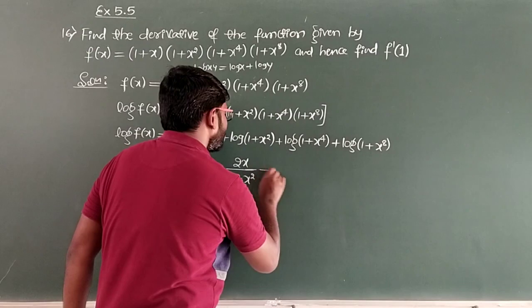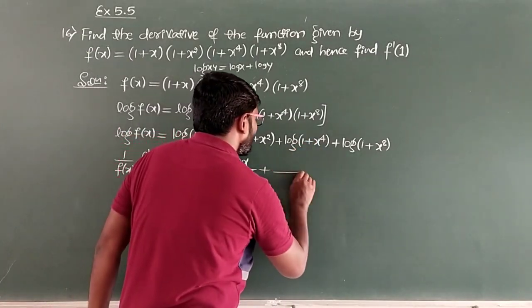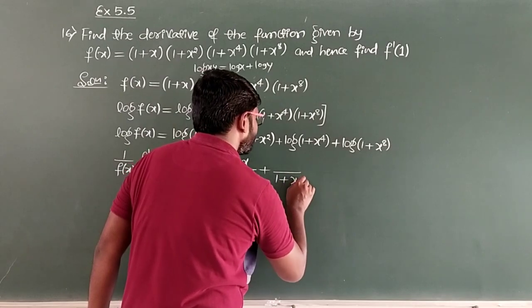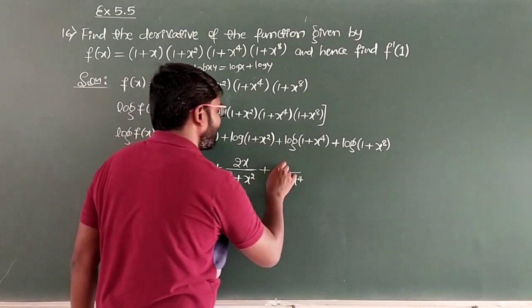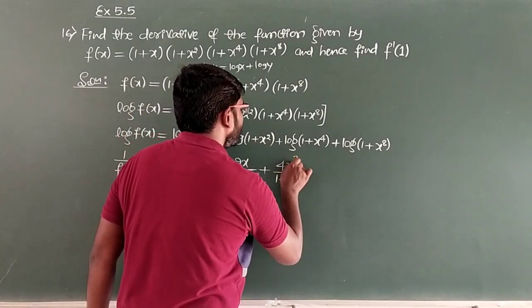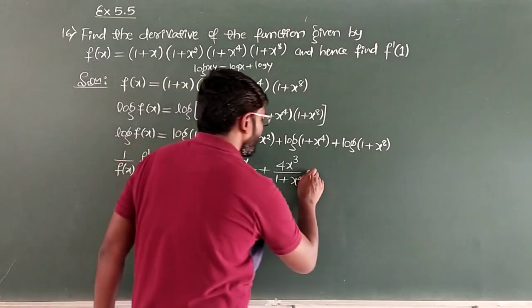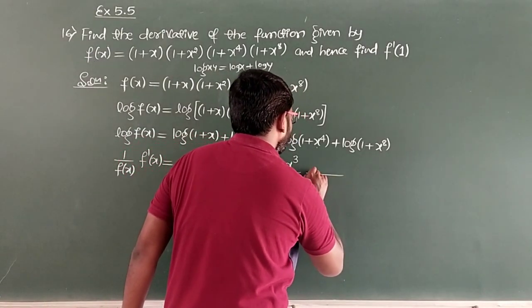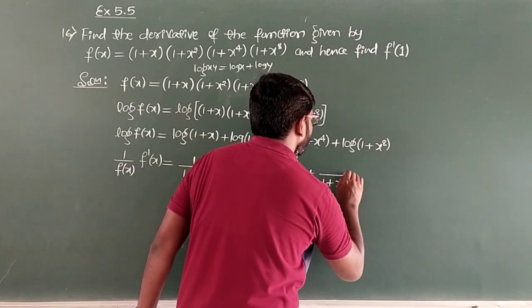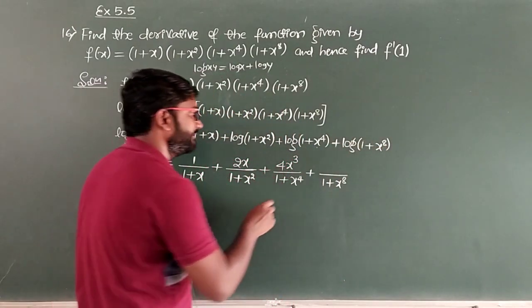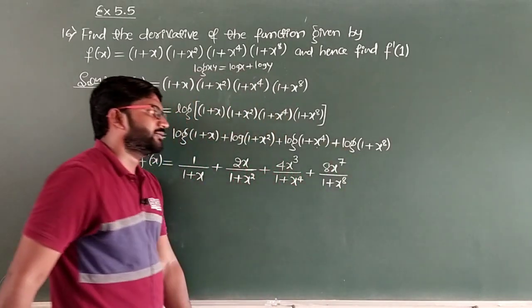Plus the derivative of log 1 plus x to the power 4 will be 1 divided by 1 plus x to the power 4, and the derivative of the inside function, we get 4x cube. The derivative of x to the power 4 is 4 times x cube. Plus here we get 1 divided by 1 plus x to the power 8, and the derivative of this inside function will give us 8 times x to the power 7. So let us simplify this.